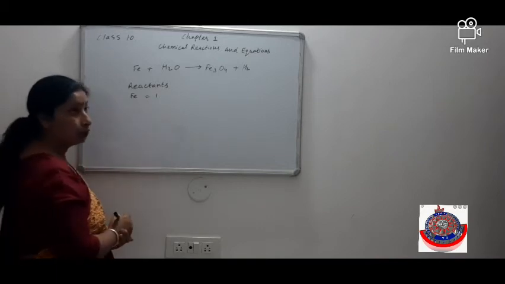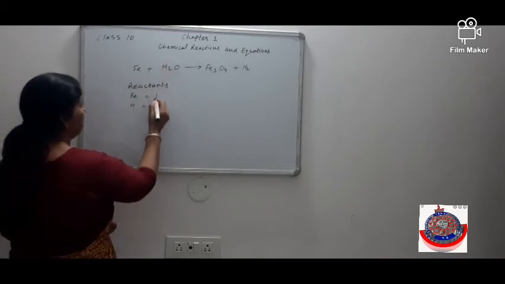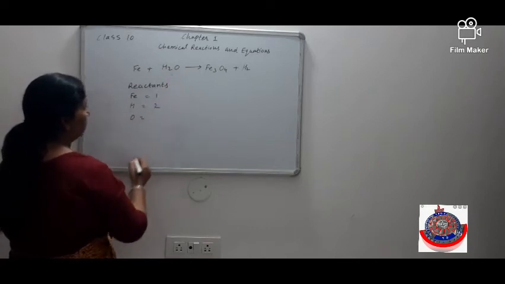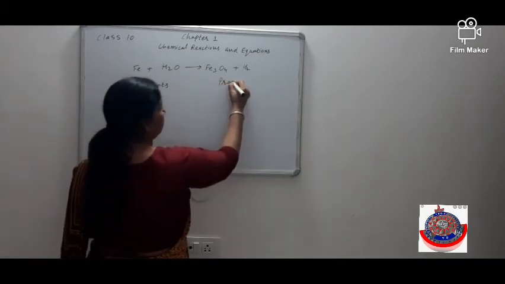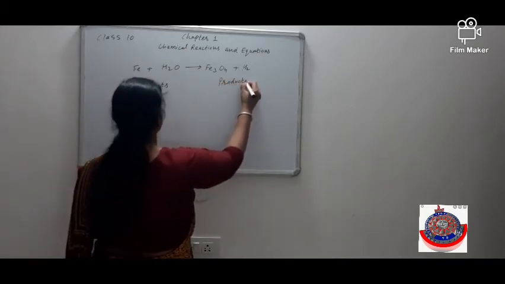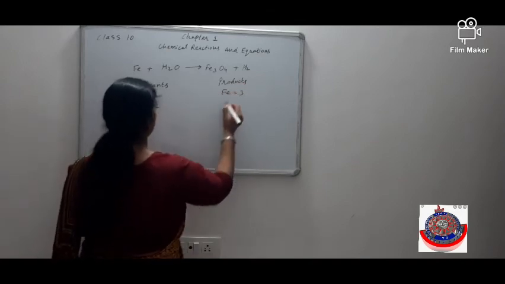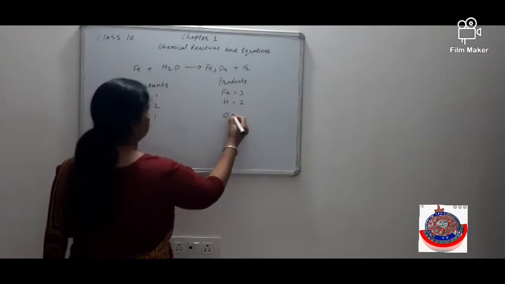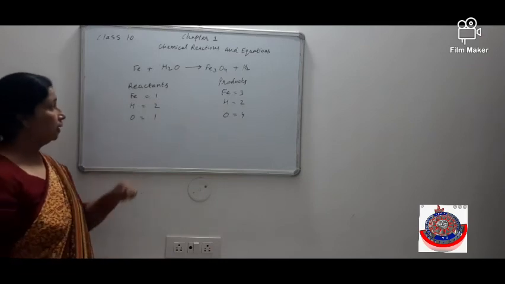Non-metal other than hydrogen and oxygen, no. Hydrogen 2. Oxygen, number of atoms 1. In products, iron 3, hydrogen 2 and oxygen 4. This is not a balanced equation.